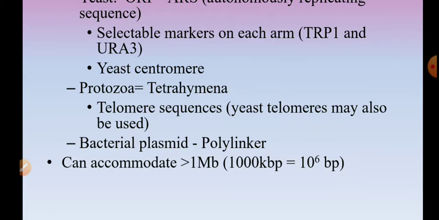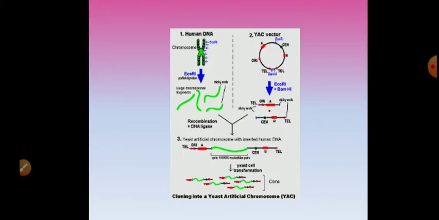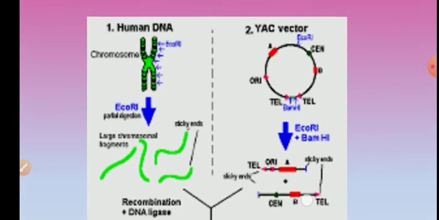The yeast artificial chromosome is constructed to accommodate large foreign DNA fragments, more than 1 MB, that means 1000 kilobase pairs. Foreign DNA as large as or more than 1000 kb can be inserted inside a YAC, and hence it has been used in cloning the human genome also.